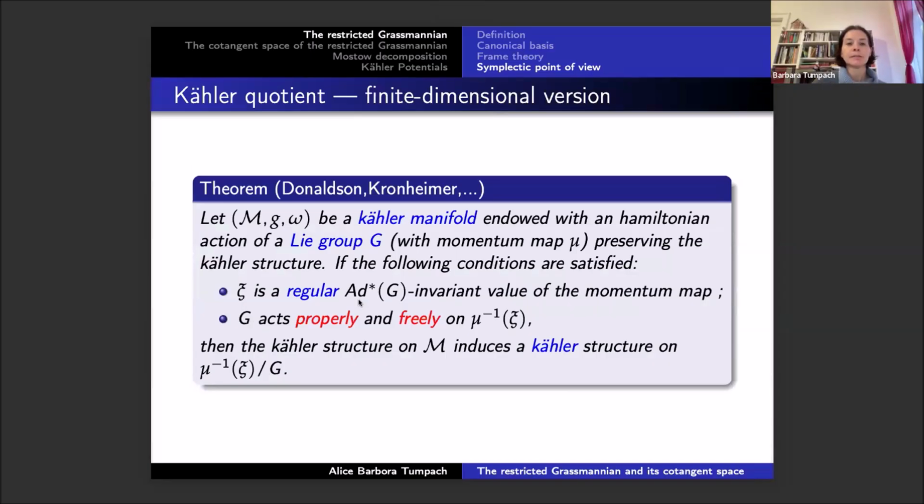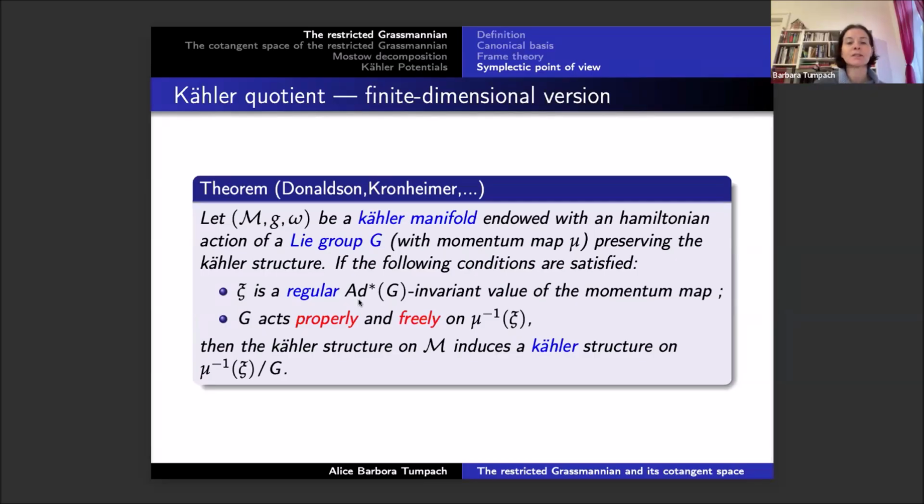So now I'll recall what a Kähler quotient is. This is a refinement of what a symplectic quotient is. The symplectic quotients were introduced by Marsden and Weinstein, and then this Kähler version was a refinement of this symplectic quotient by a lot of people, probably Donaldson and Kronheimer.